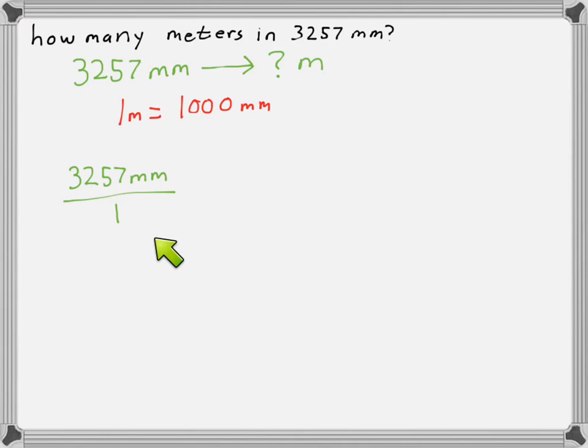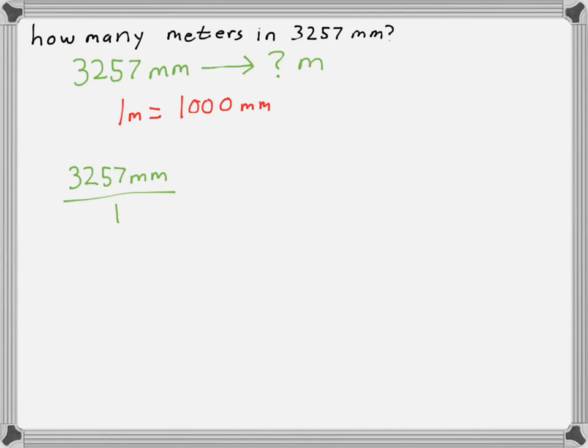Notice I didn't put a unit. That's because there's no unit up here, and that becomes very important later on when we get into multiple conversions, and we'll deal with that later. Now obviously millimeters is not where I want to go. That's where I started. I know that because if I look up here, you can see what I'm going from and going to.